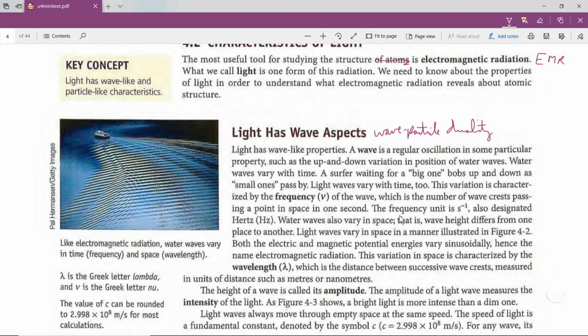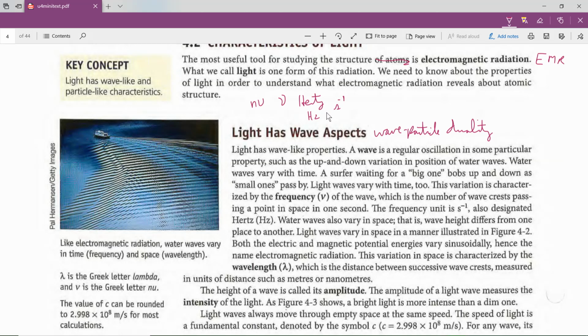This variation is characterized by the frequency of the wave, frequency nu. The Greek letter nu looks like a sort of italicized V with a little hook on it. The units for frequency, how many crests of a wave pass a point per second, are hertz, H-E-R-T-Z, written as Hz, or as seconds to the -1.